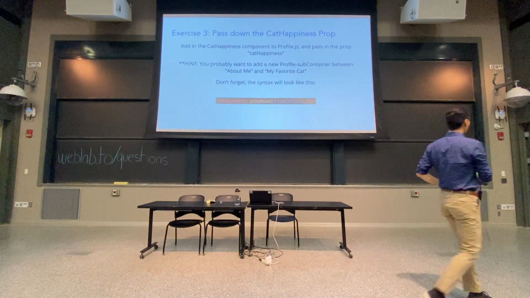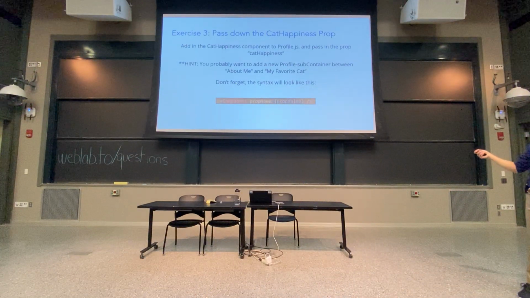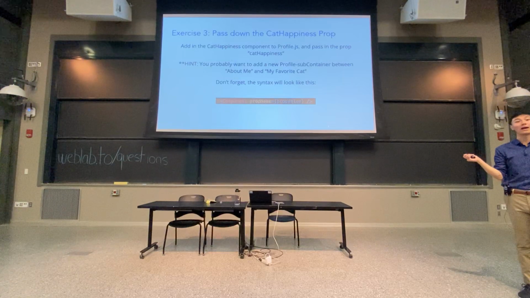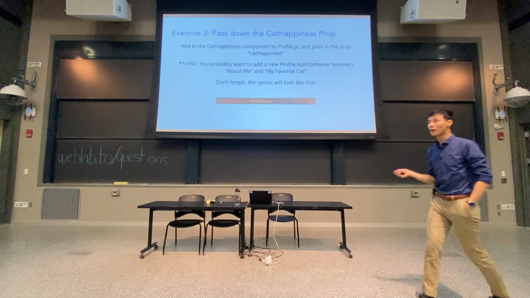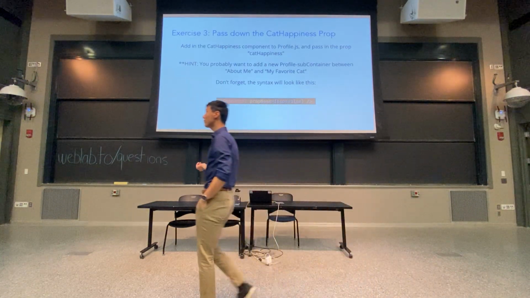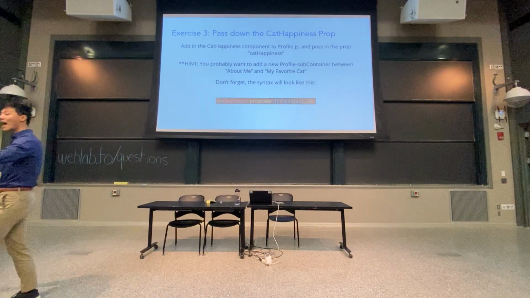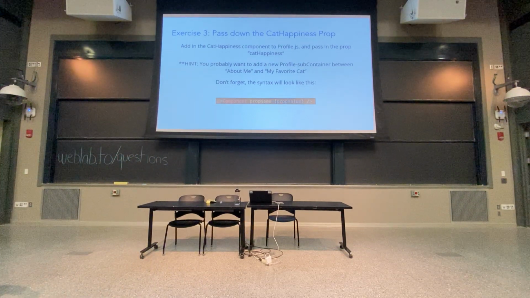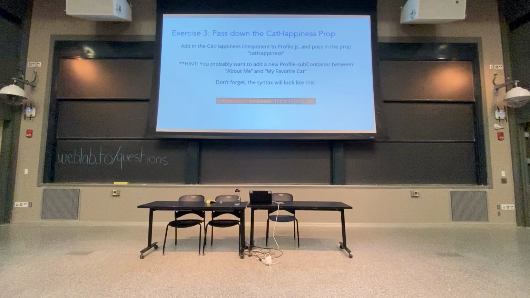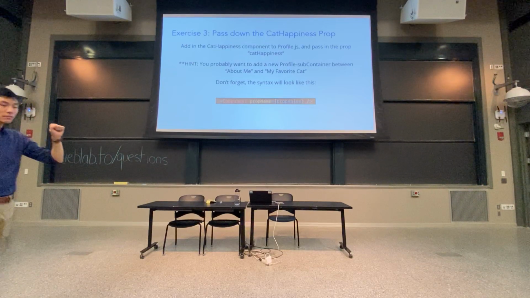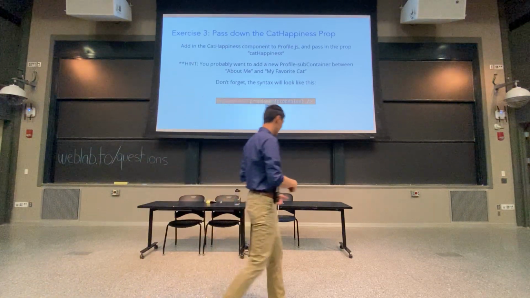Generally, you want to make it look similar to About Me and My Favorite Cat, which are already in profile. And what I want you guys to try to do now is just add the cat happiness component inside the render function in profile, right? I'm going to give you guys a couple minutes for that.